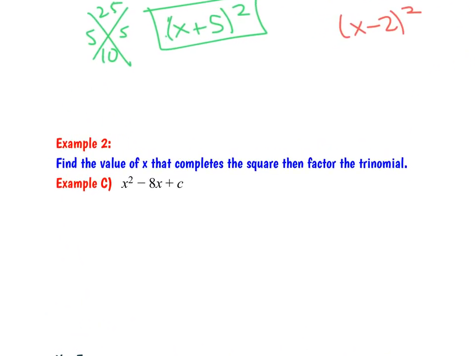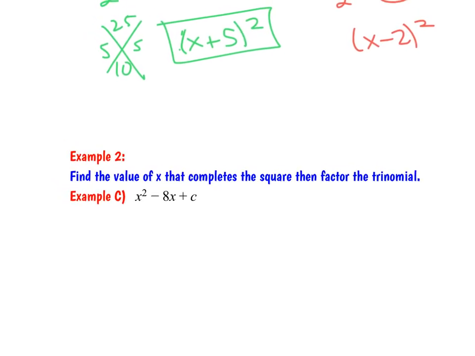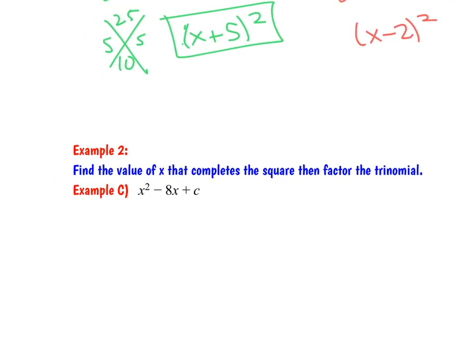Find the value of c that completes the square, and then factor the trinomial. So what we did before. We're going to take negative 8, the b value, divide it by 2, so that becomes negative 4. Then I circle it, because that's important for later. Then I have to square it. Negative 4 times negative 4 is positive 16. So this is going to go into my c value.